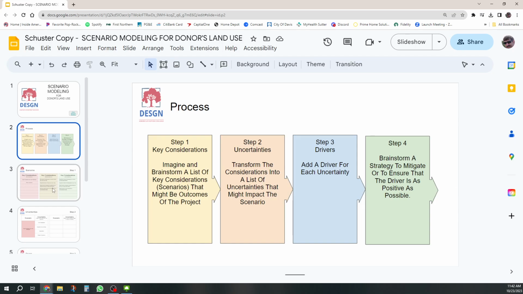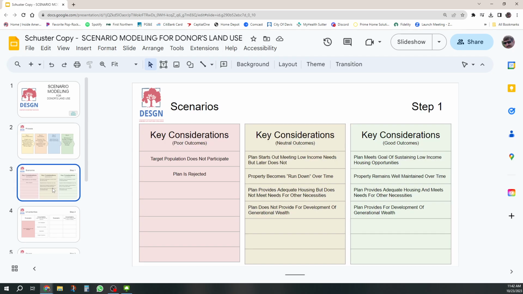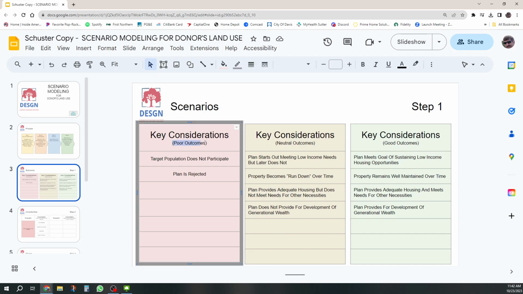So here are some scenarios, and remember, in this case, we want to do some sort of land development project that will create sustainable low-income housing opportunities for the people in a certain area, in this case, Arden Arcade.